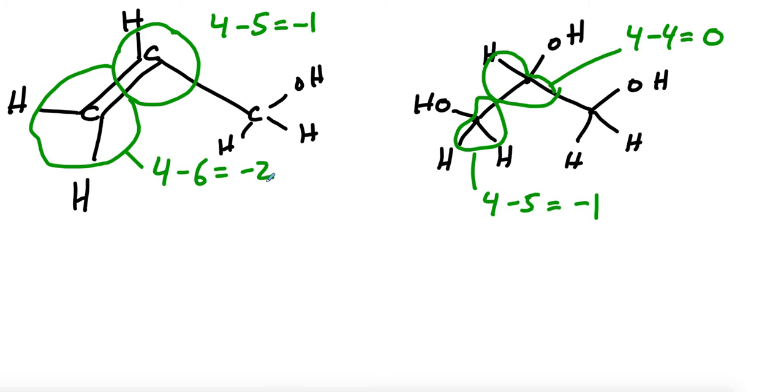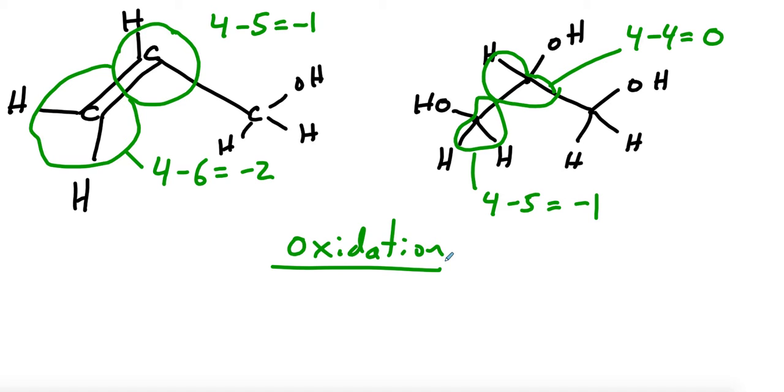So we went from -2 to -1. Once again, we're going up in oxidation number. We're becoming more positive, or really just less negative. So this is definitely oxidation. So our carbon is being oxidized. Each carbon is being oxidized by 1.